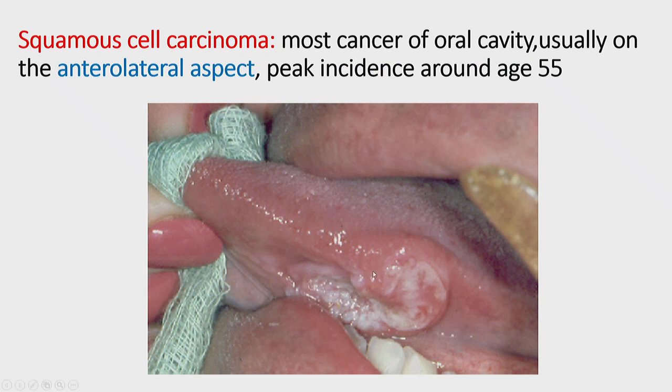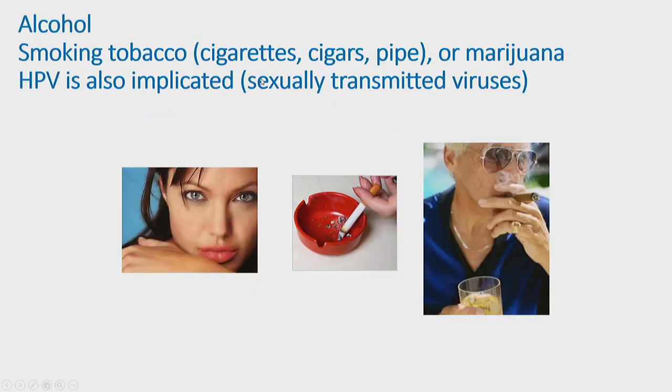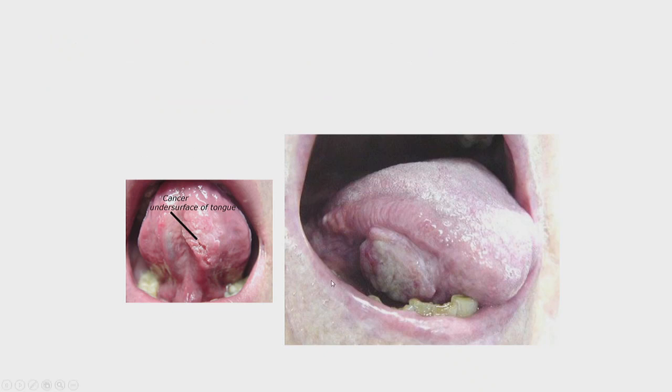You can see on the margin, the most common part, the anterolateral aspect of the tongue, is the place for squamous cell carcinoma, yes? And the risk factors are cigarettes, alcohol, and HPV virus. They are all risk factors, and you can see the different parts of the cancer that is growing, and when it is in this stage, it is really serious.